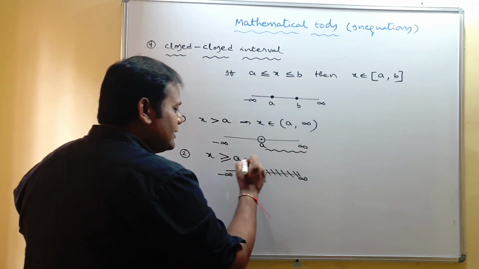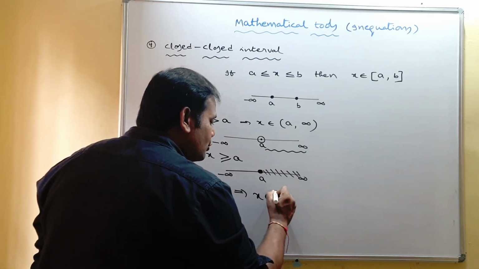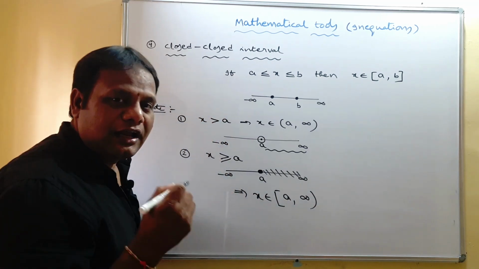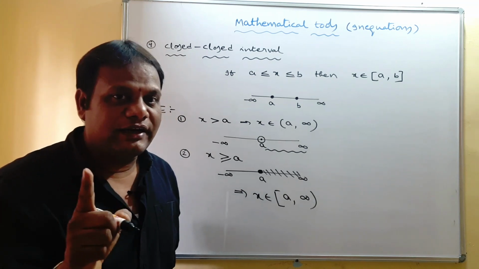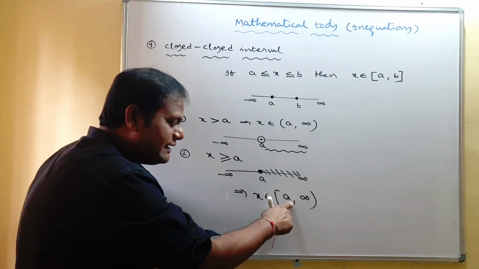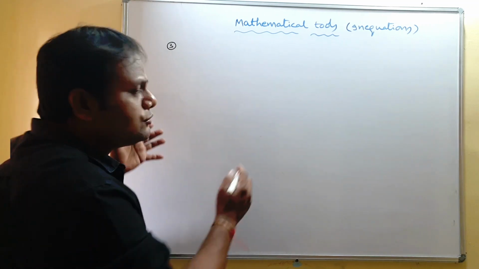So we give the solution as x belongs to closed interval a to open interval infinity. Always open interval at minus infinity and infinity. Here a is included. That is the reason at a I have taken one closed interval. Coming to third one.